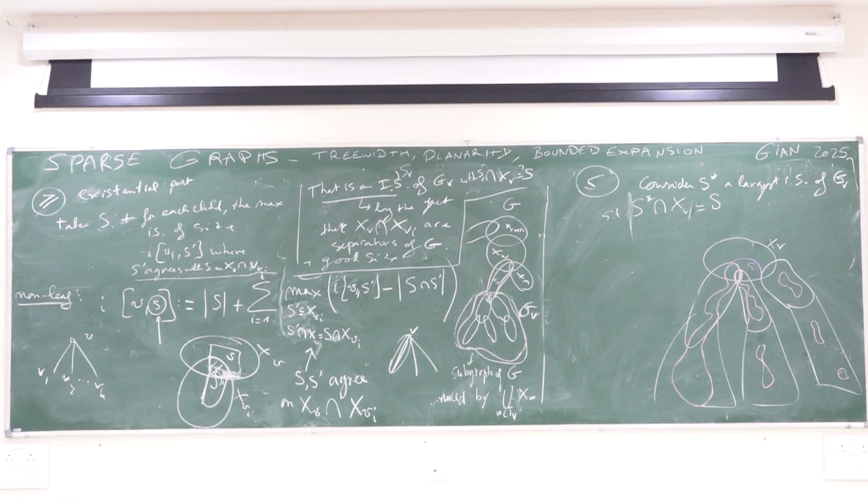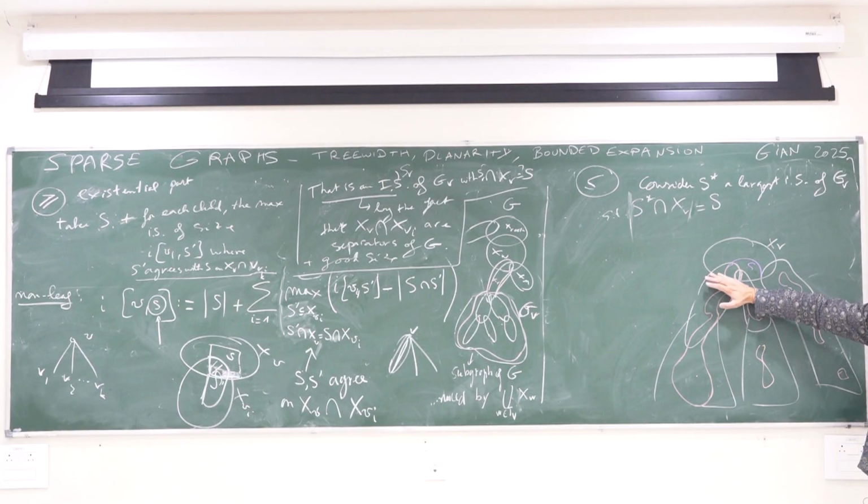Now, by definition of this formula, again, we know that if you restrict to one of the subtrees, what you get is an independent set. This is completely true because by just deleting something from the graph, you are not creating any edge, so of course these parts remain independent sets.